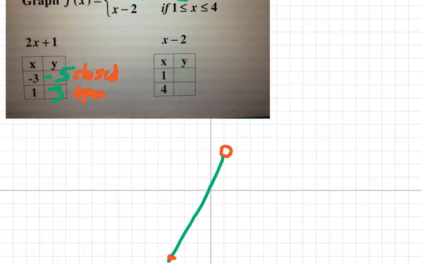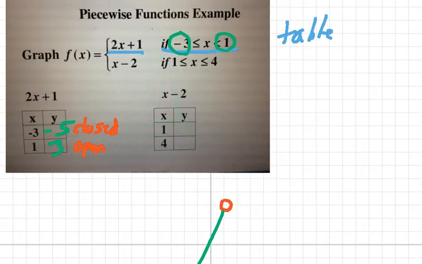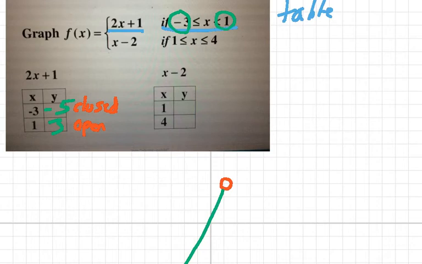Alright, we've completed one part of our piecewise function, but now we have another piece. The other piece is x minus 2. That's only true if x is between 1 and 4. So again, I'm going to make my table. I'm going to plug in my two values for x, 1 and 4. That's my minimum and my maximum.